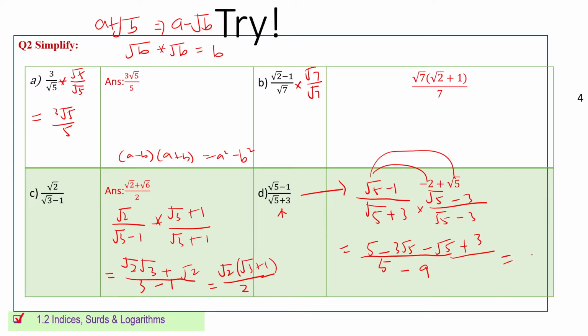So the denominator is minus 4, and the top is 8 minus 4 root 5, and when we simplify, we'll get negative 2 plus root 5. Okay, and it is not advisable to leave your answer at the top like this, because after you simplify the answer can look totally different.